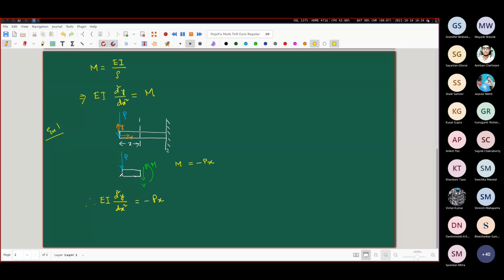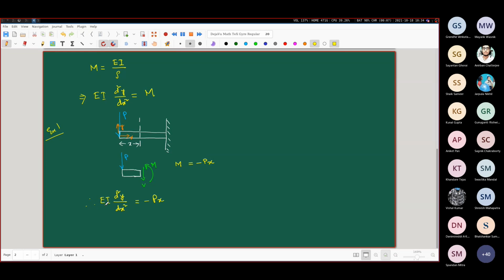So E is not a function of X. Furthermore, this is a prismatic beam. Prismatic beam means the cross section is not changing along the length of the beam. It has a uniform cross section all along the length of the beam. The implication of that is that the second moment of area is not changing along the length of the beam. So E is a constant, I is a constant.